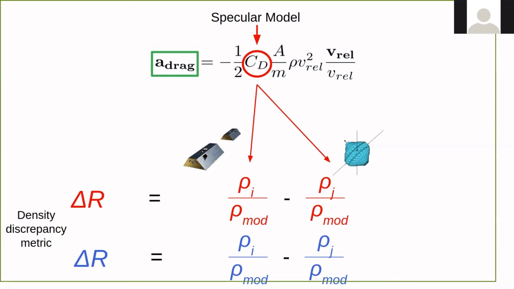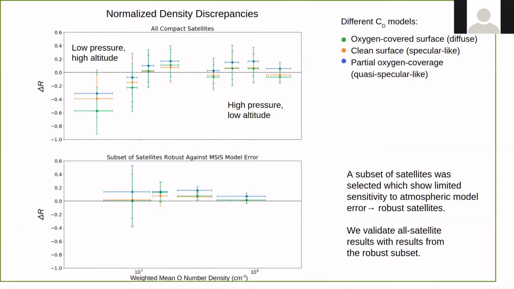And we make these comparisons between the GRACE satellite with the elongated shape and a bunch of compact satellites orbiting within a scale height of GRACE. And so the idea is that delta R should be 0 if the CD model assumptions are perfectly consistent for the different satellite shapes. So let's take a look at some of our density discrepancy results.